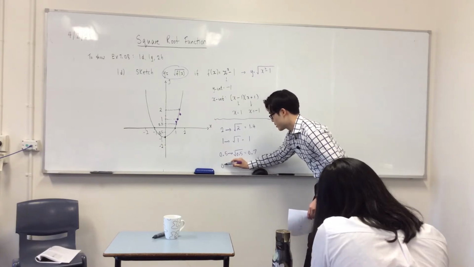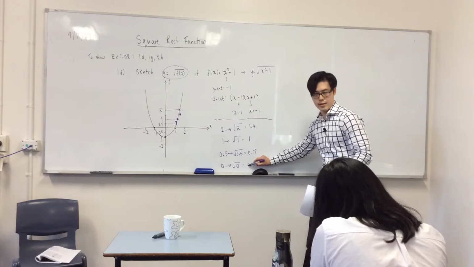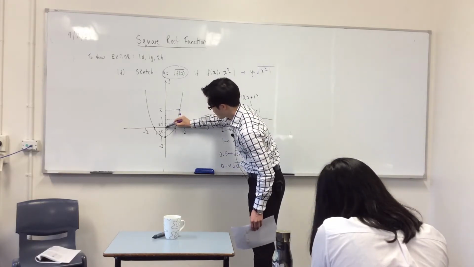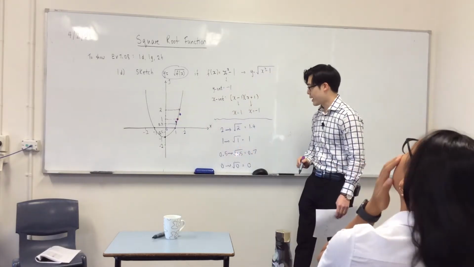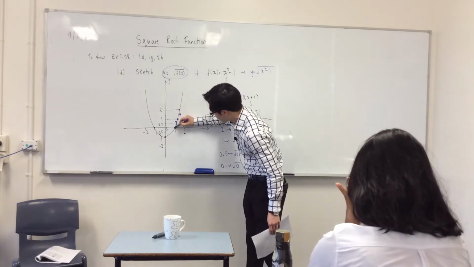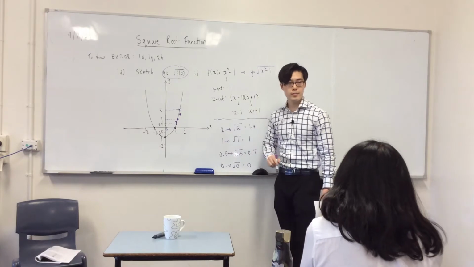So 2 more points. At 0, if you square root 0, what's that? 0, yep. So remember, 0 is here, and on the new graph, it's there. Because if you square root 0, you get the same value. And once again, it's going to go through 0. There's no change in that. Does that make sense so far?